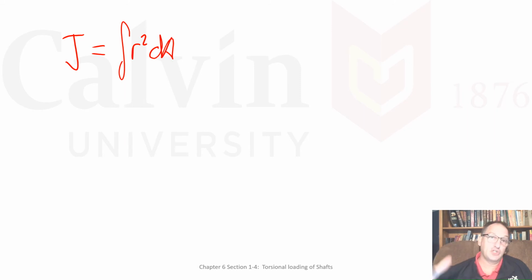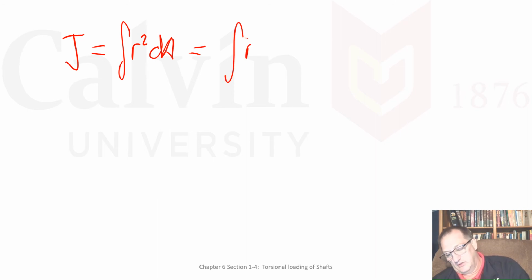Now for engineers, we're able to look this up in a table, but we would integrate this, which is the double integral from 0 to 2 pi, from 0 to r, of r squared r dr d theta. And so that is going to give me an r to the fourth over 4, right?